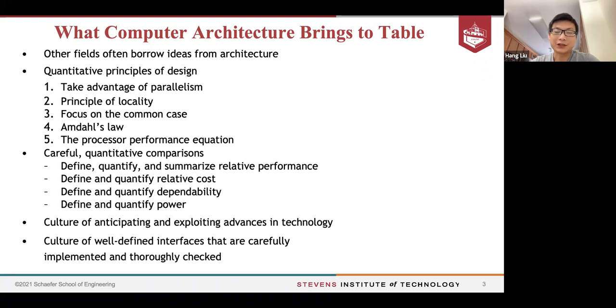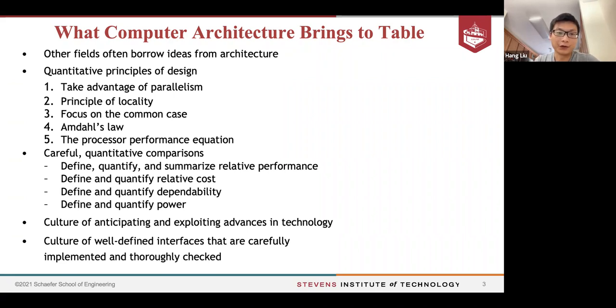What does computer architecture bring to the table? First, other fields often borrow ideas from computer architecture. Quantitative principles of design: we take advantage of parallelism, such as Flynn taxonomy, and these ideas are also adopted by operating system folks, like SIMD, MIMD, task parallel, data parallel.